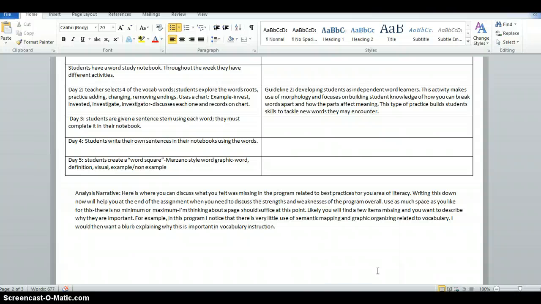So again, like last week, this will be worth 10 points. I will take a look at it, I will give you some feedback, and then we will be ready to move on to the next section. So this week, that's what we're really going to focus on. We're going to focus on getting this piece done. We're going to focus on best practice.